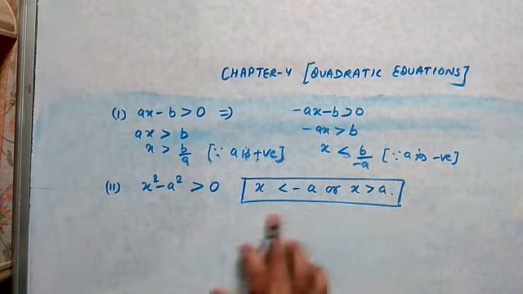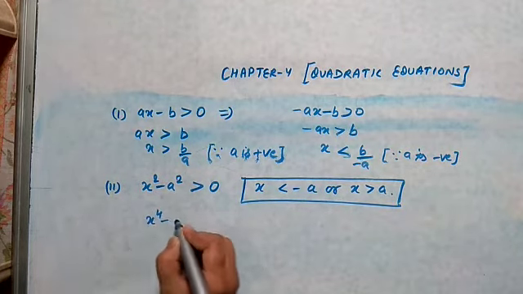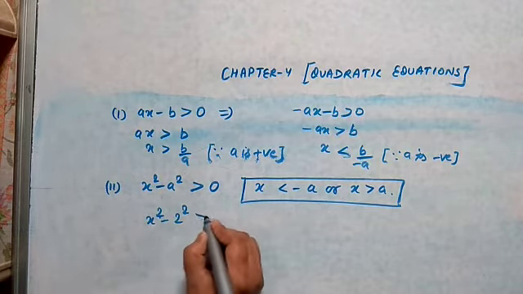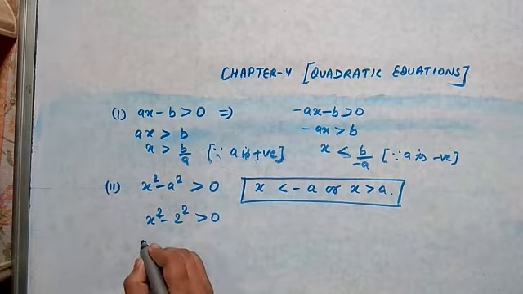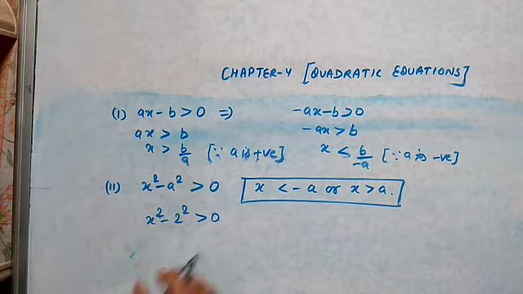See how we will come to know about this sign. Suppose I have a question, x square minus 2 square greater than 0. How will we solve this? At first, try to equate it with 0. See, I am explaining the steps.